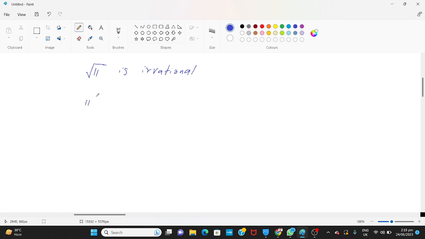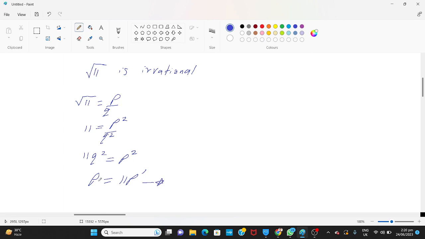Then we can write root 11 is equal to p over q, squaring on both sides, and after squaring it will become p square over q square. Now q square will be multiplied on the left side, it will become 11q square equal to p square. Now the left hand side is a multiple of 11, so the right hand side should also be a multiple of 11. It means that p should be equal to 11p prime, because it should also be a multiple of 11. And this is equation star.